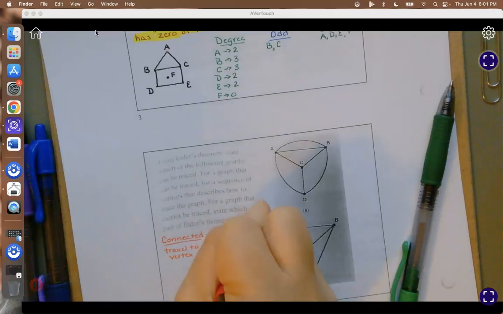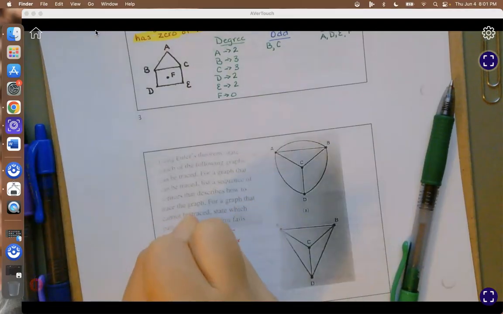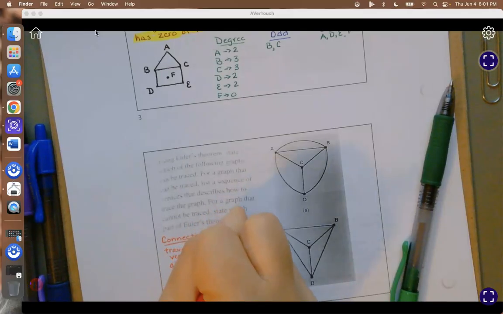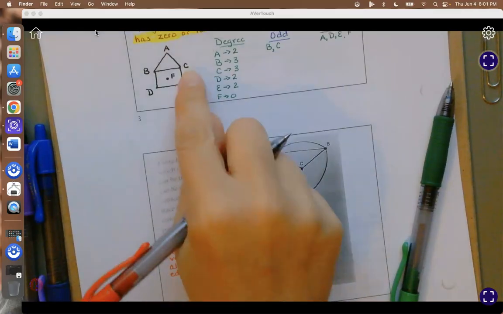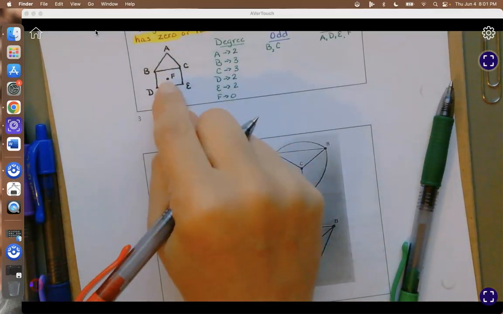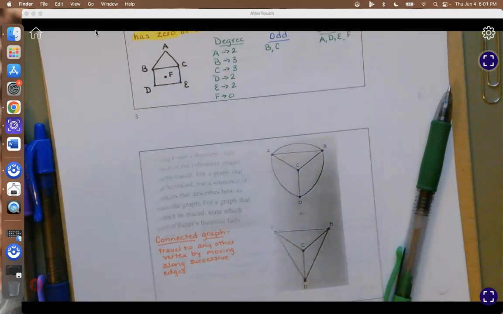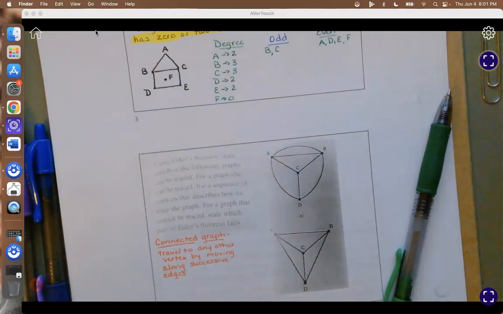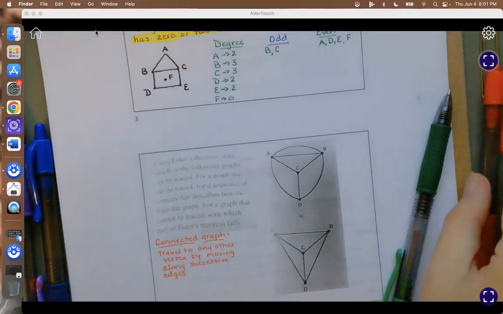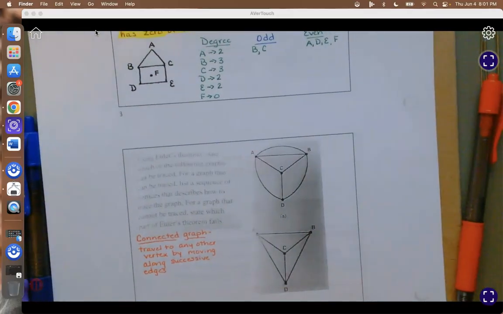So A has 1, 2, 3, 4. B has 1, 2, 3, 4. C has 1, 2, 3. D has 1, 2, 3. So C and D are odd. A and B are even.